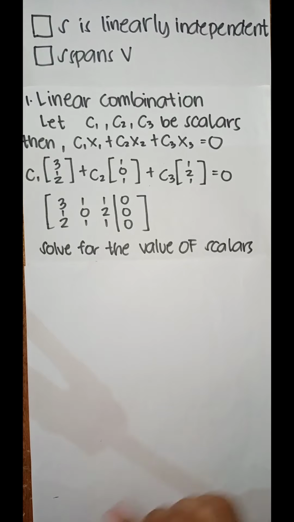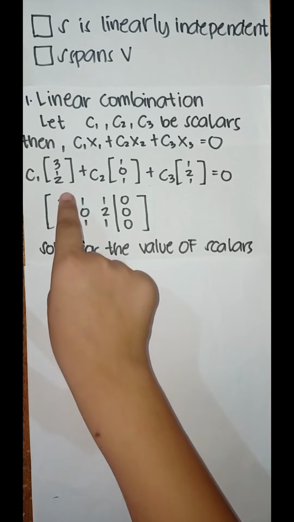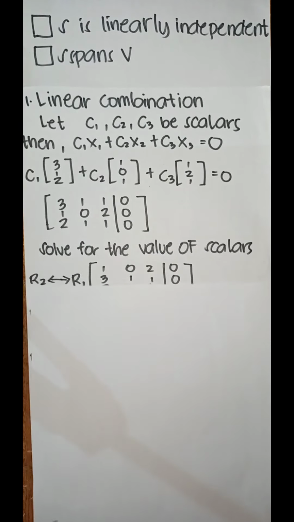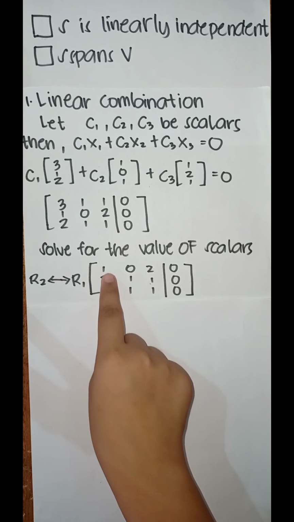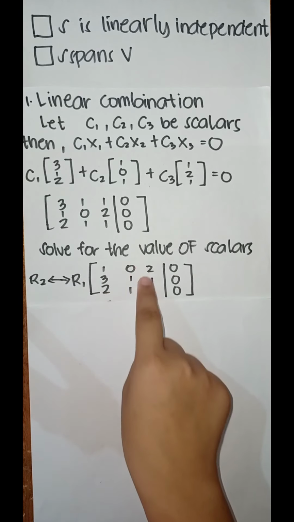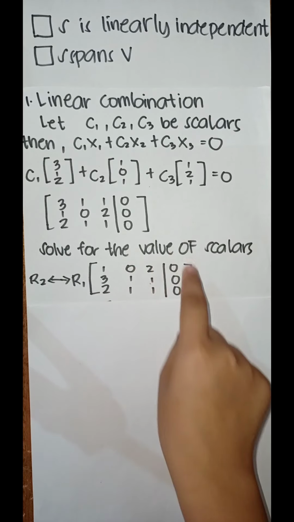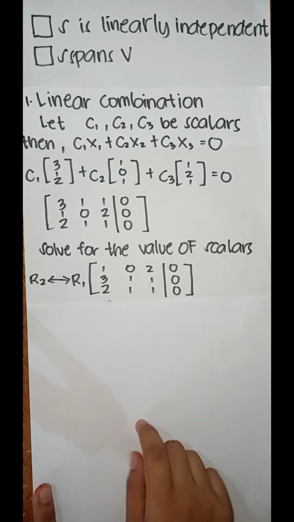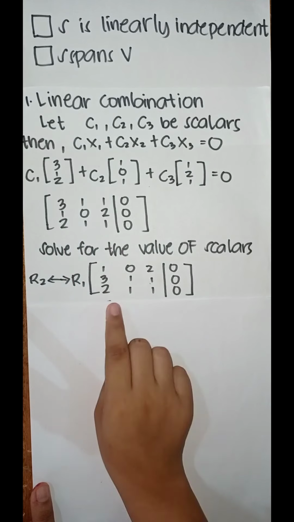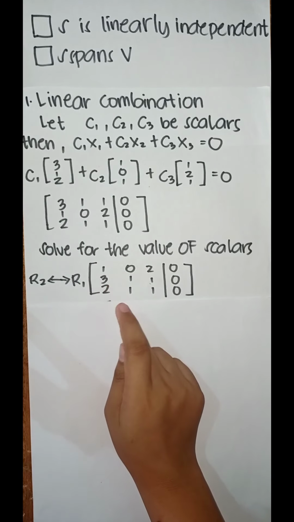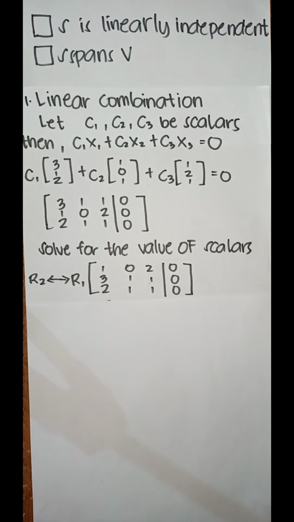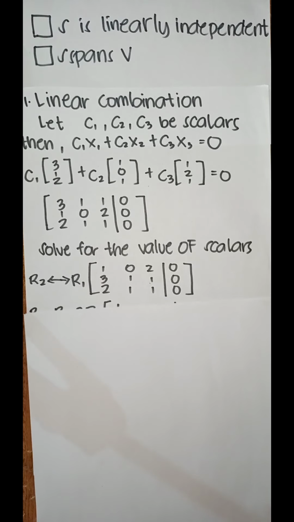We will swap R2 and R1. By swapping, we now have our new matrix 1, 3, 2, 0, 1, 1, 2, 1, 1, 0, 0, 0. As you observe, 3, 1 became 1, 3 because we swapped R2 and R1.